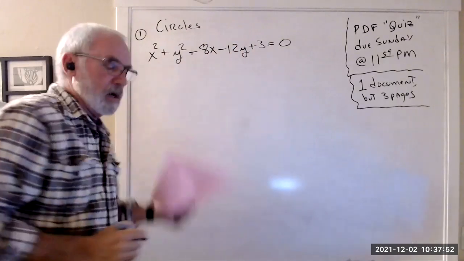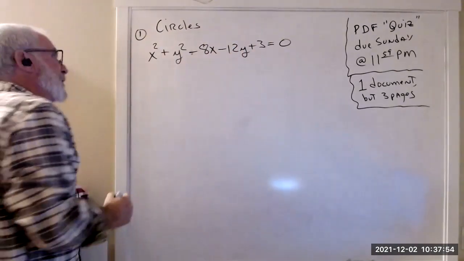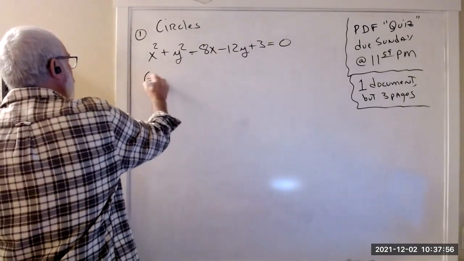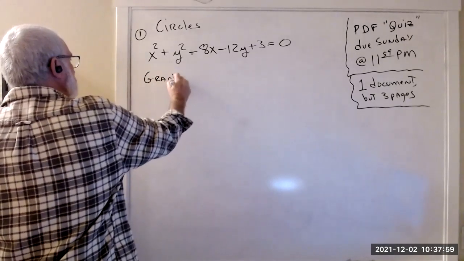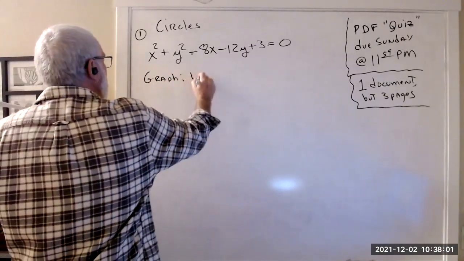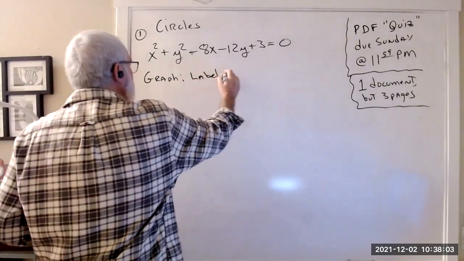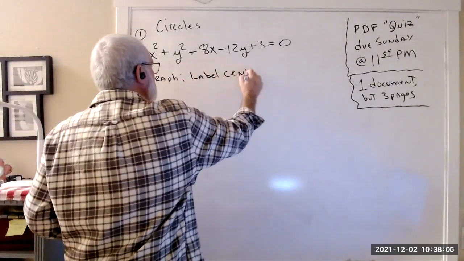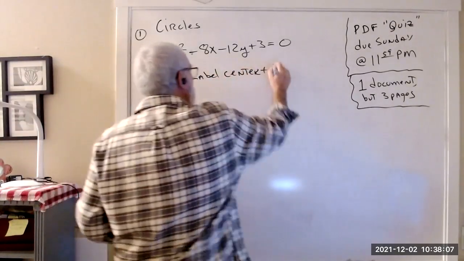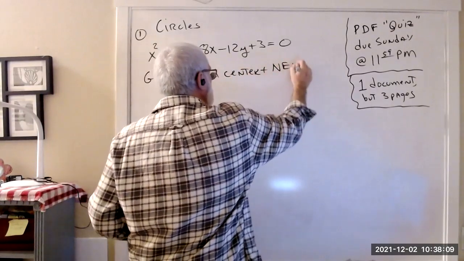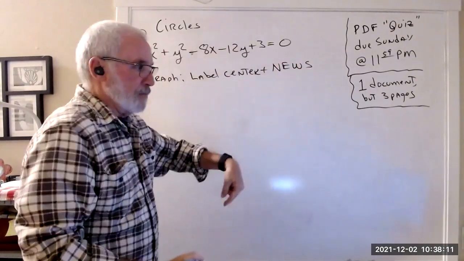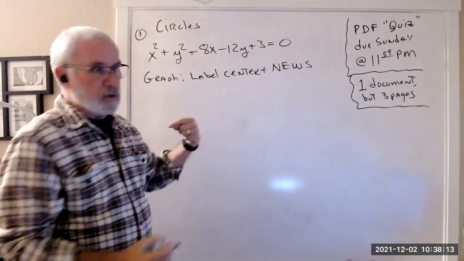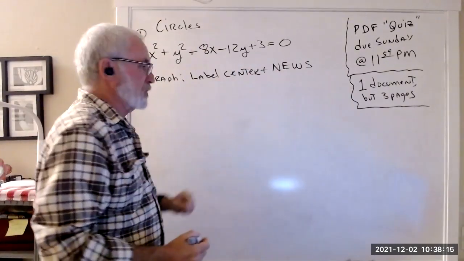Okay, what I want you to do is graph this and label the center and what I called news. Top, bottom, left, right, relative to the center, wherever the center is.